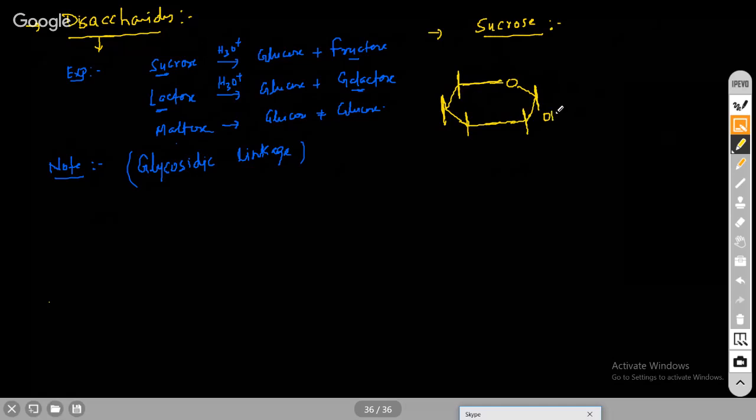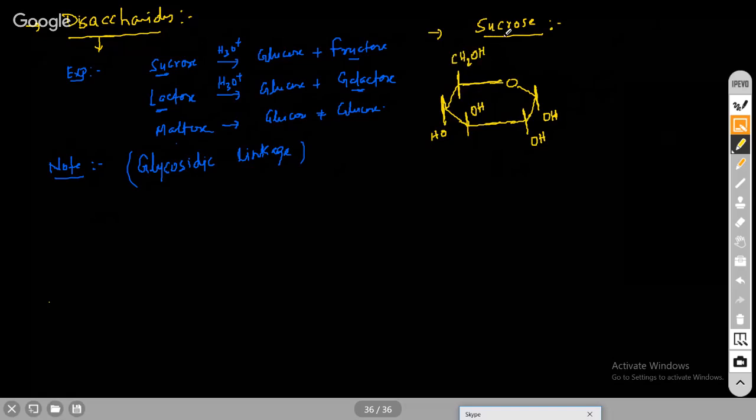OH. Alpha means OH on the right hand side on the first carbon, and whatever on the right hand side should be on the bottom, right? And the second carbon OH again on the right hand side we have. So here we write OH, then alternate OH here, OH here, and the last carbon we have CH2OH.